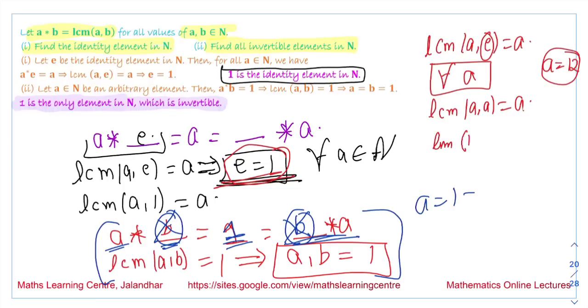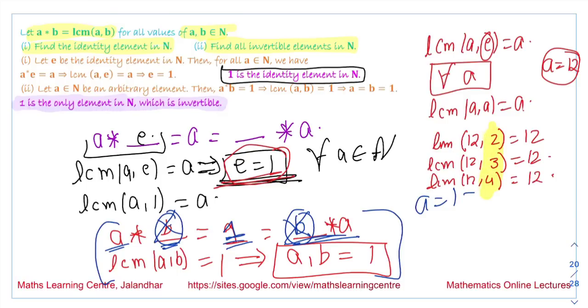We know that the LCM of 12 and 2 is 12, LCM of 12 and 3 is 12, LCM of 12 and 4 is 12. This doesn't mean that 2, 3, 4, all these values, are the identity elements.